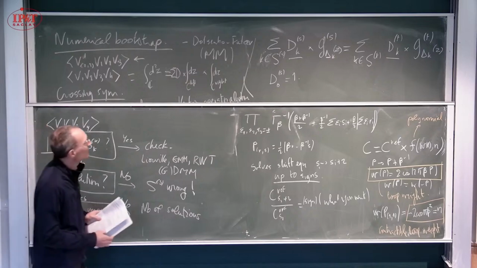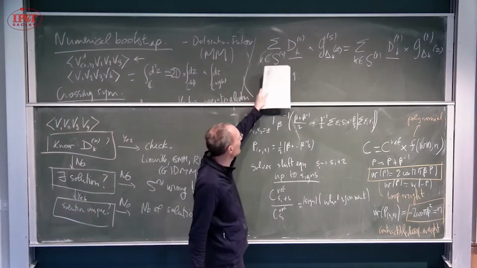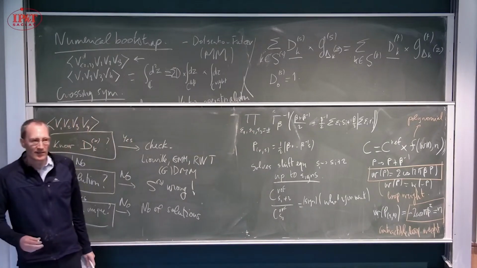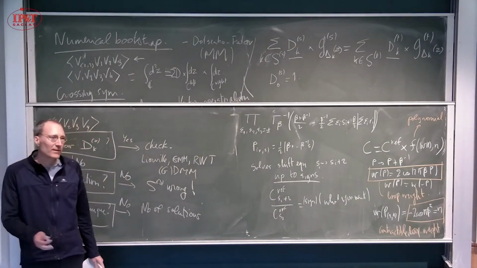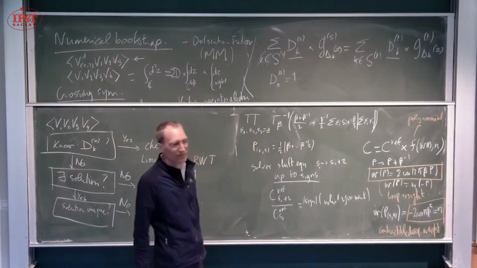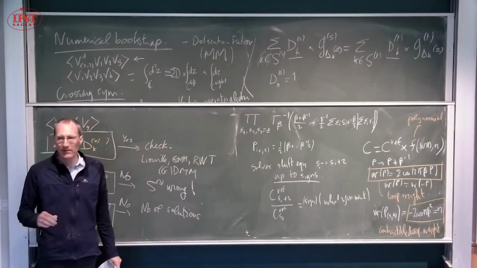And finally, if you have a good numerical determination of the structure constants, you can try to find an exact formula for these results, and that's where it becomes useful that you have an ansatz, these reference structure constants, to which you compare your numerical results.